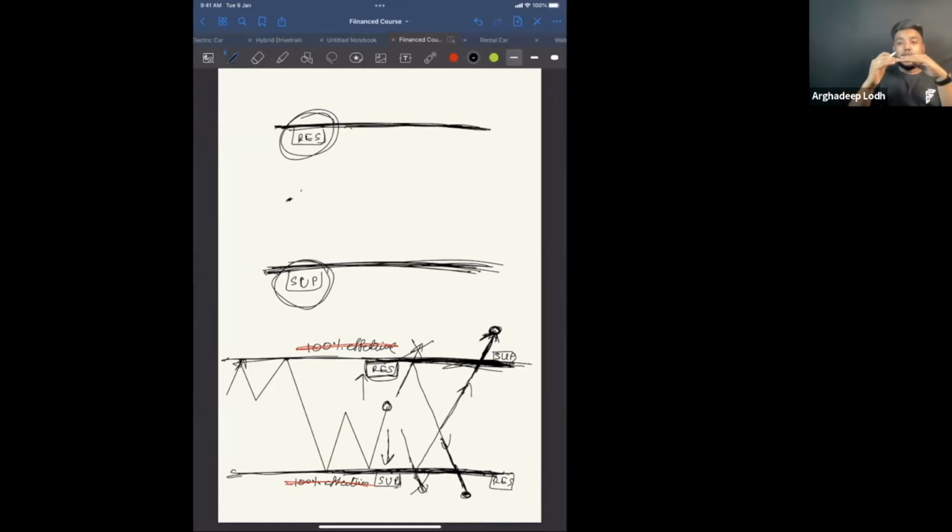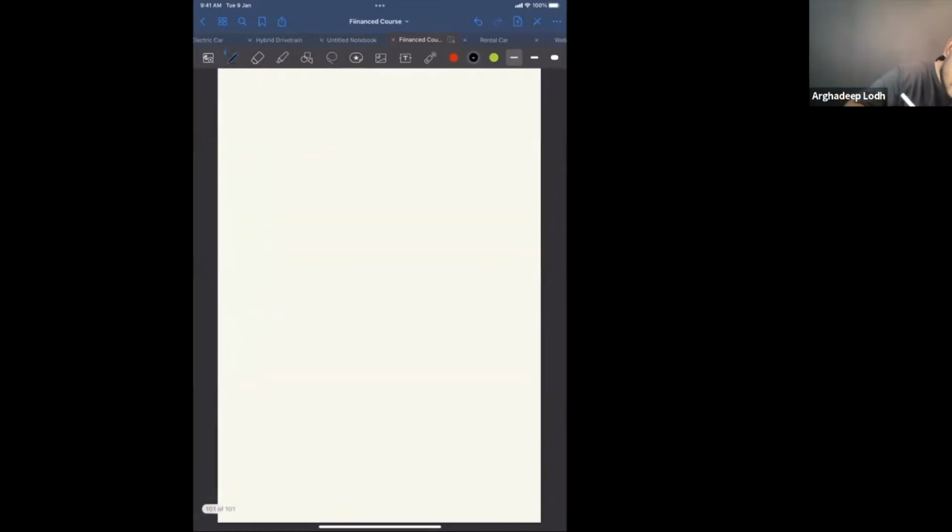So a support level, let me write, a support level after broken will act as the resistance.